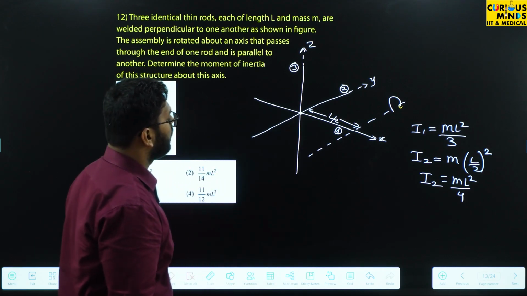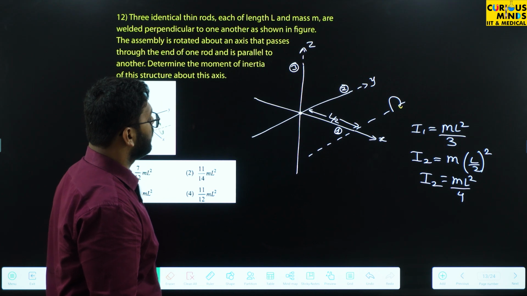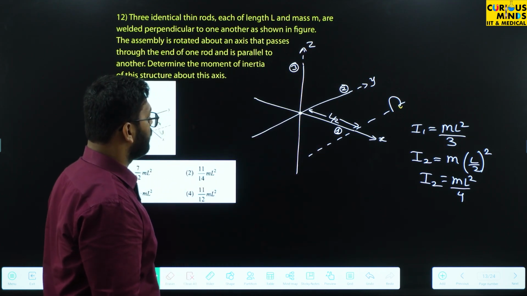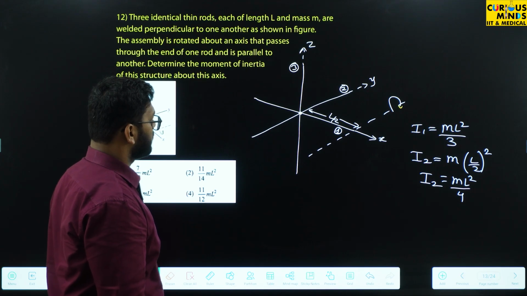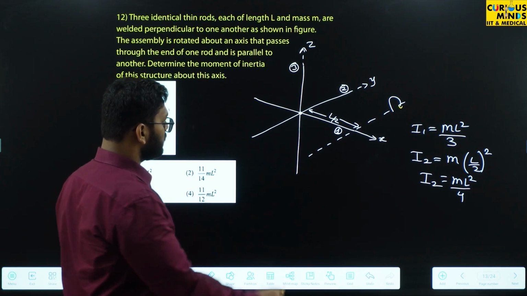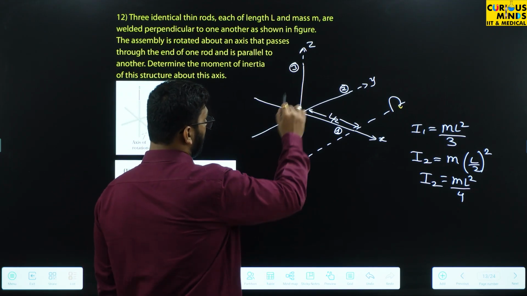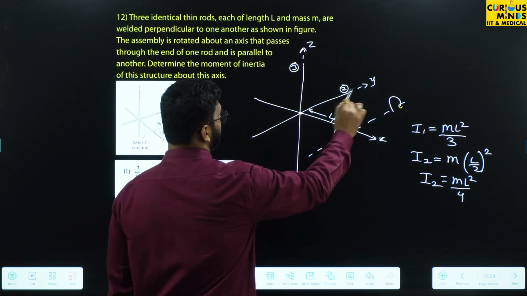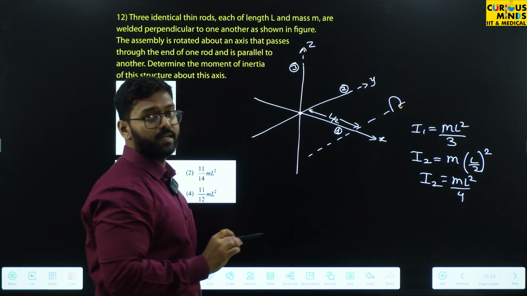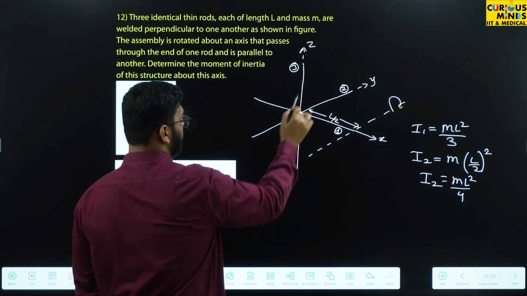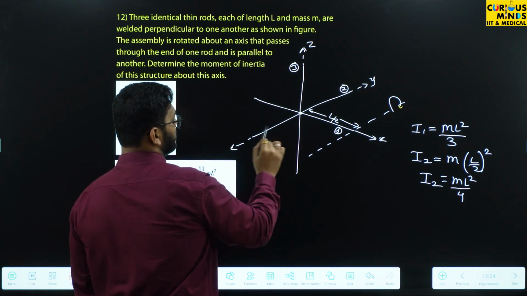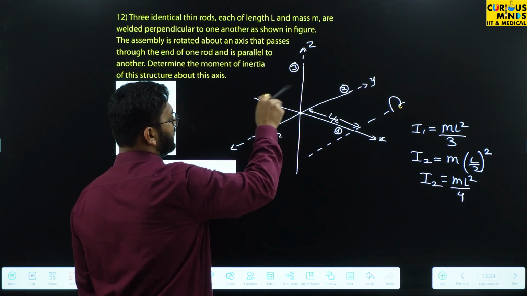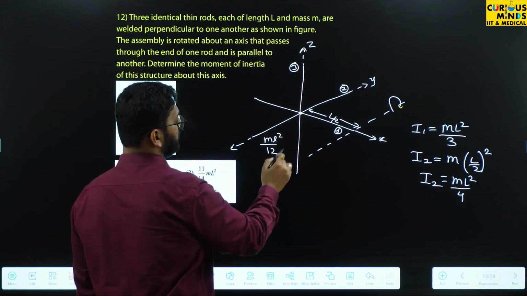Now how will you find the moment of inertia of the third rod about this axis? The moment of inertia of this third rod about the axis passing through the center of this rod is ml square by 12, right? If we rotate it like this, it is ml square by 12.